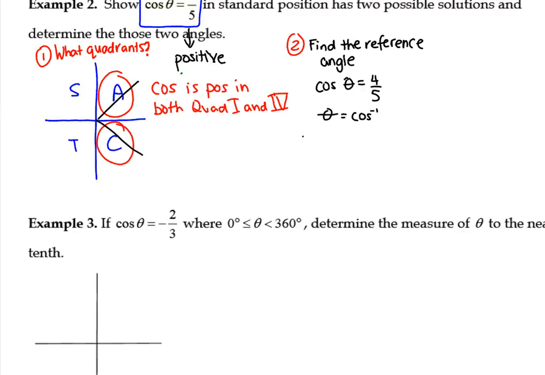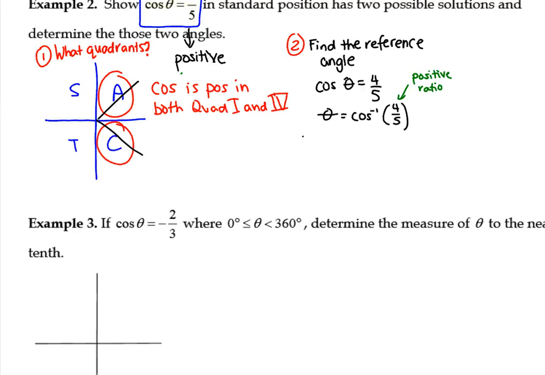Now, it's really important: remember that a reference angle is always less than 90 degrees. It's an acute angle. So if your ratio is negative in the question, always type in the positive ratio, because we're looking for the acute angle. Otherwise, it might give you the first solution, but there's two solutions.